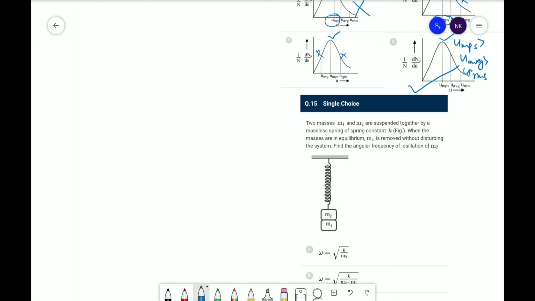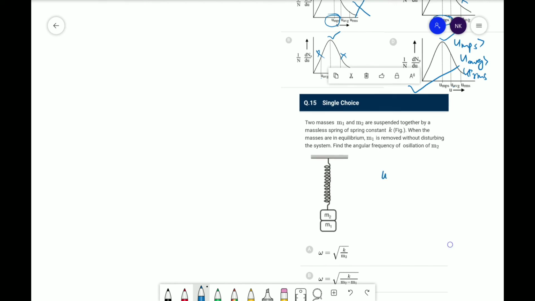In the next question, two masses are suspended together by a massless spring of spring constant K. When the masses are in equilibrium, M1 is removed without disturbing the system. Find the angular frequency of oscillation of mass M2.